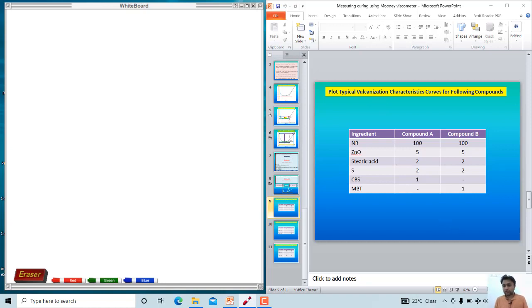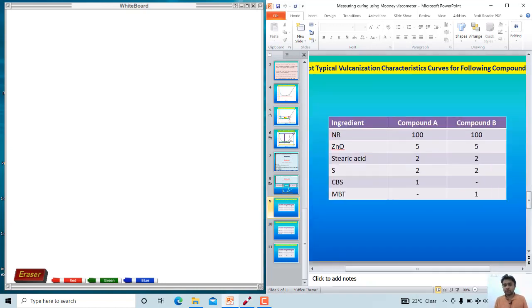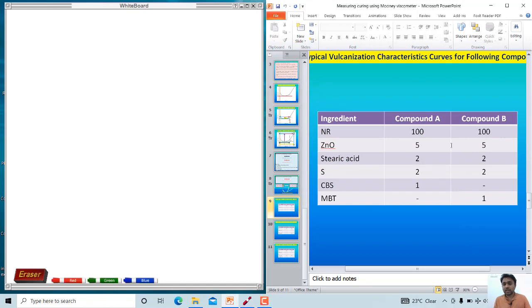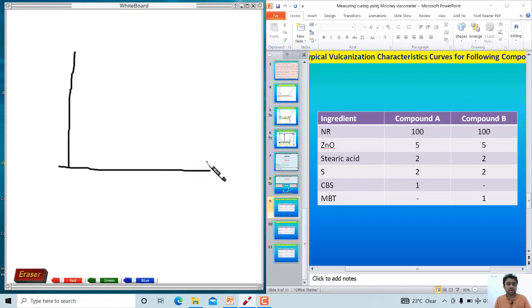Here are our compounds, compound A and compound B. Before everything we need to plot our x and y axis. Here Mooney units, here time in minutes.